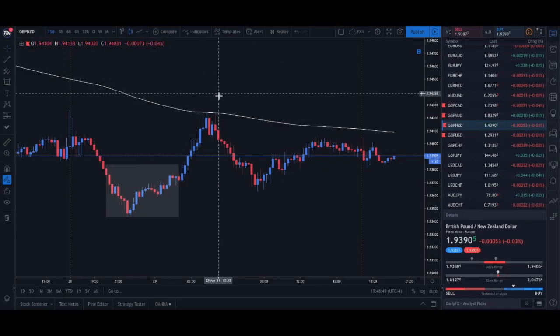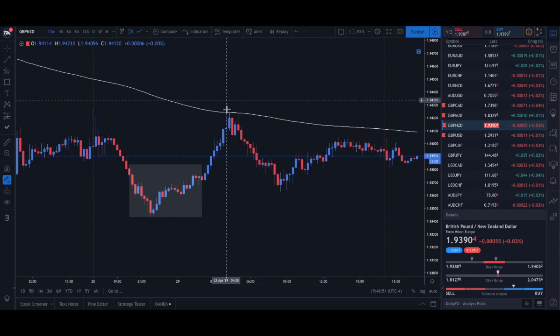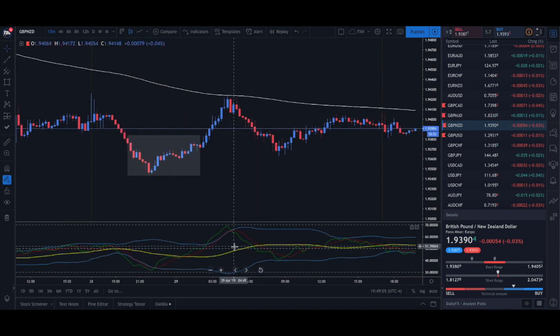So when you look at something like pound NZD, for example, look what price does here, right? It goes all the way up and it pins the 200 EMA, comes down, goes right back, retests that same pin, and then it drops. Well, if you bring the TDI in, what is the TDI telling you? Green's outside the band, crossing over the red signal line right here, right?